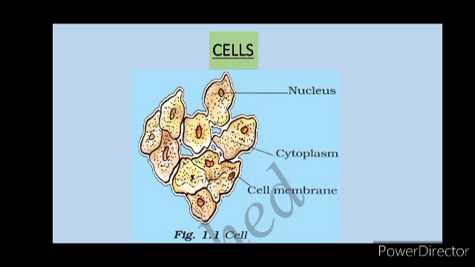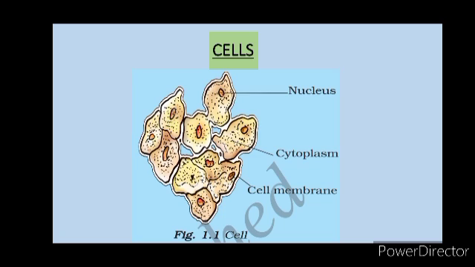Most cells have a distinct centrally located spherical structure that is called a nucleus. And the nucleus is surrounded by a jelly like substance called cytoplasm.